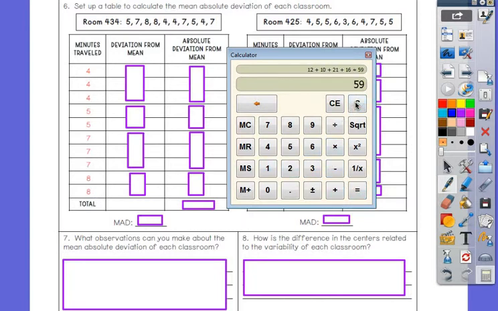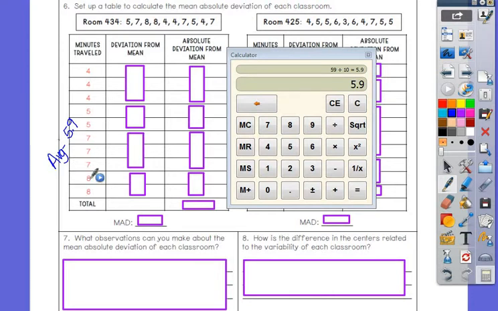I get the total of all my minutes is 59 minutes. I divide by the total numbers, and there are 10 numbers. Let me double check. 1, 2, 3, 4, 5, 6, 7, 8, 9, 10. So I'm going to divide by 10, and I get the average, or mean, is 5.9.